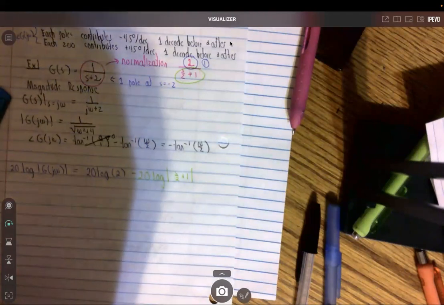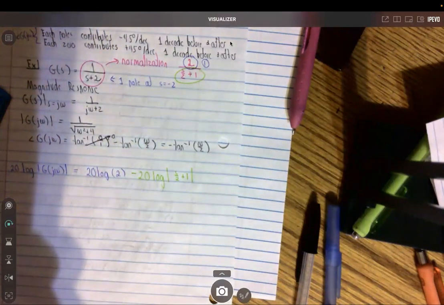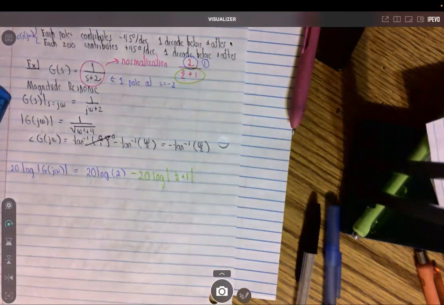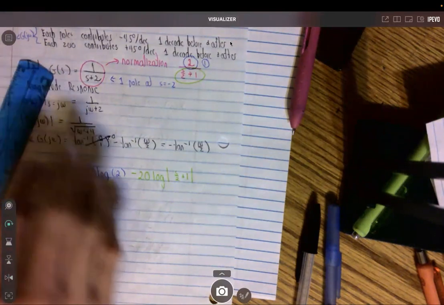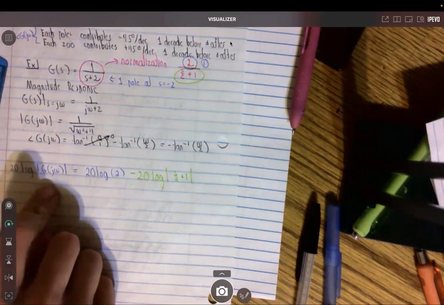And so what we're going to see with our graph is the attenuation, specifically minus 20, where this one is going to be at frequency 2. Because if we have 20 log of G(J omega), this one would be the one that contributes, and the other one would stay the same.